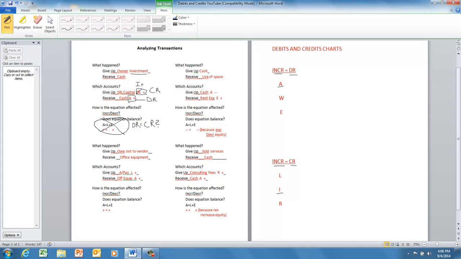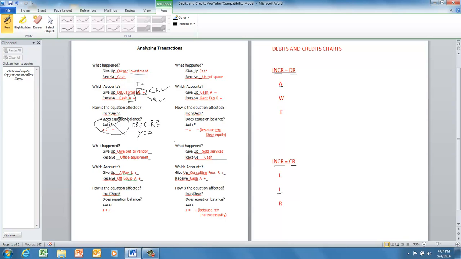Now, if you only have 2 accounts, one under your receive and one under your give up, then it doesn't matter whatever the number is. If you have 1 debit and 1 credit, then your debits equal your credits. So it doesn't matter whether I'm talking about $50 or $500 or $500,000, I'm going to be debiting and crediting that same number, and so my debits are going to equal my credits. So in that case, here I have 1 debit and 1 credit, and so I'm going to say yes, my debits equal my credits.